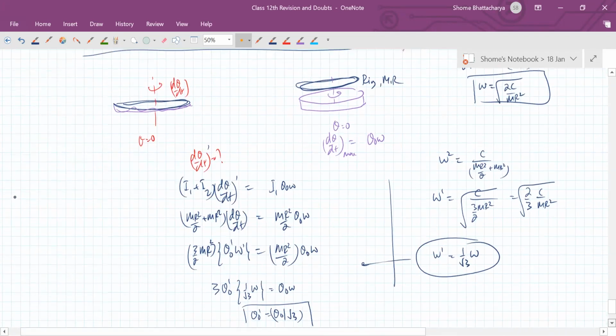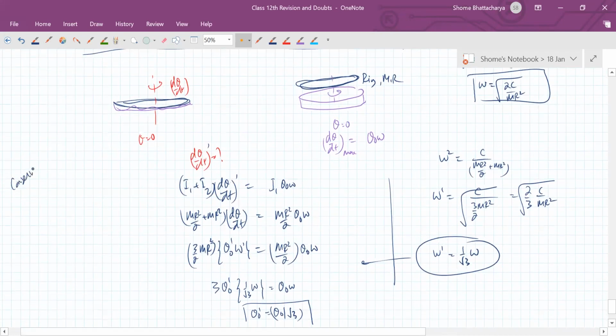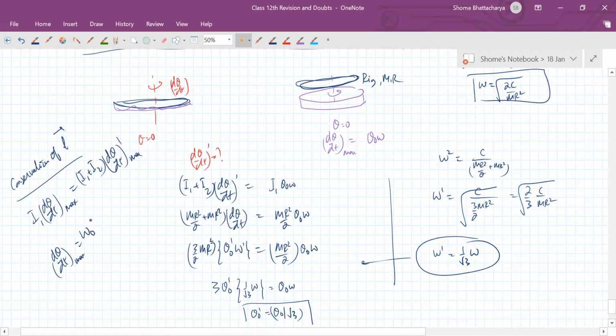Okay, so there is conservation of angular momentum for the system. So I1 into that d theta by dt max, that will become I1 plus I2 into the new value of d theta by dt max. And then we are using that trick that d theta by dt max is equal to angular amplitude into angular frequency.